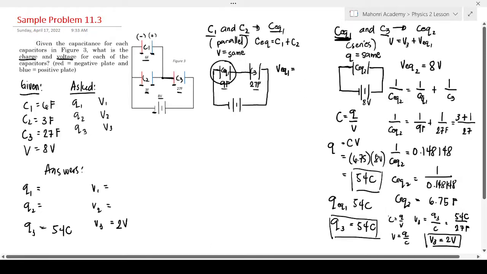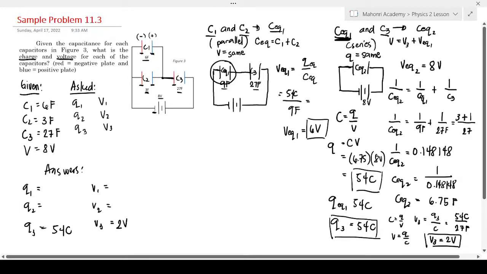So we'll just take the same approach that we did. That's Q over CEQ. And we know that it's 54 coulombs divided by 9 farads, which means VEQ1 is actually equal to 6 volts.